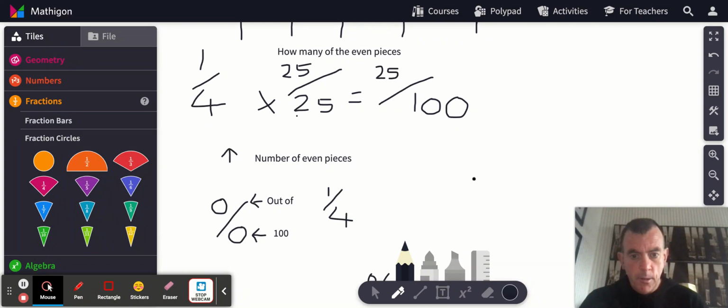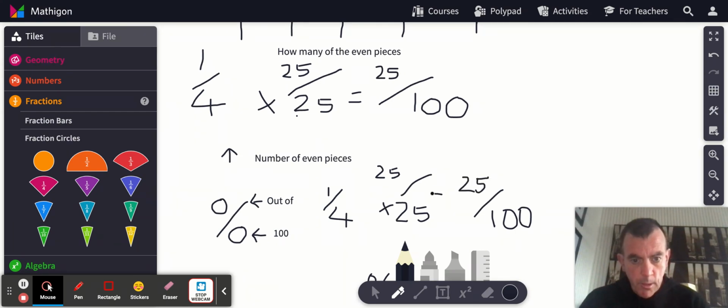So we know that if we multiply our fraction by 25, let's start off with the denominator. That will give us a denominator of 100 over here. 4 times 25 is 100. And we also know that 1 times 25 is 25. So our fraction becomes 25 hundredths.